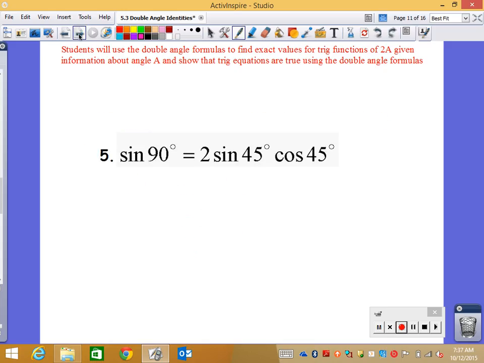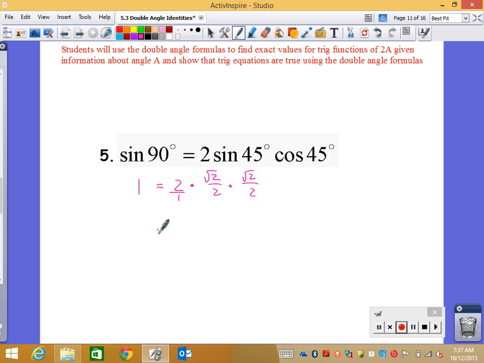Let's try another one. The sine of 90 equals 2 cosine 45 sine 45 cosine 45. Well, the sine of 90 is just 1, straight up in the unit circle. Equals 2 times sine of 45, which is root 2 over 2, times cosine 45, same thing, root 2 over 2.